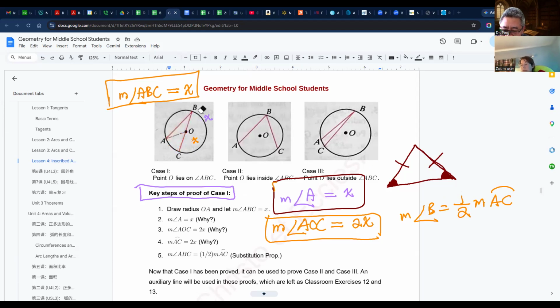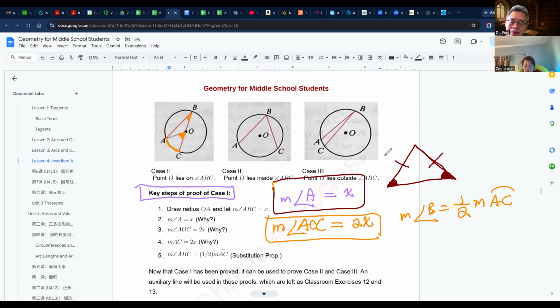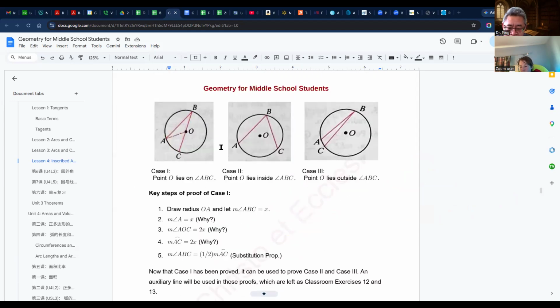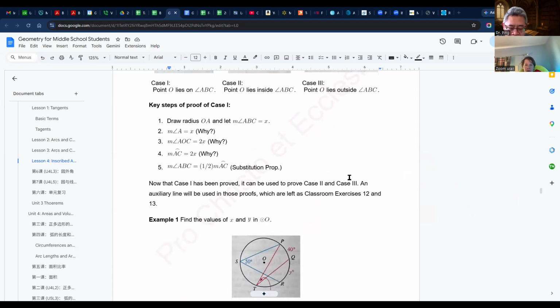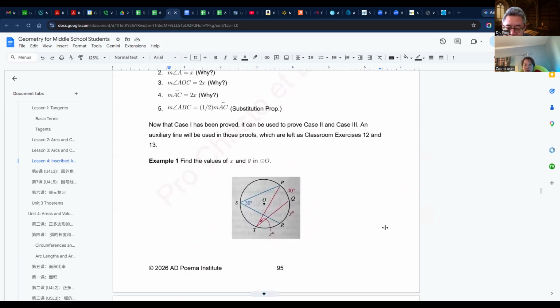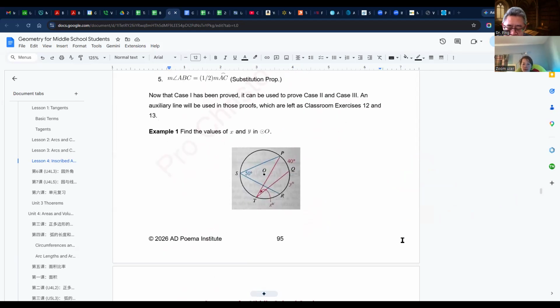We proved that this angle is half the measure of its corresponding intercepted arc. That's our starting point, and we'll show how to do case 2 and case 3 later in our classroom exercise.